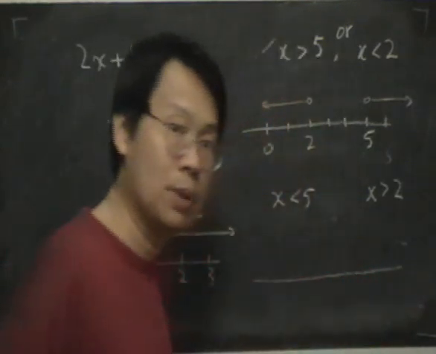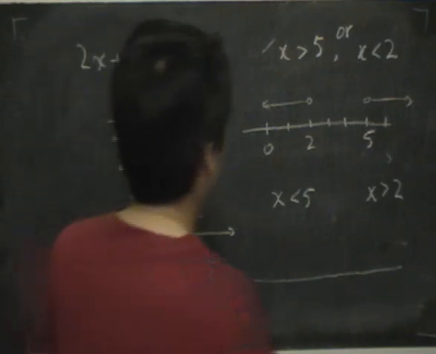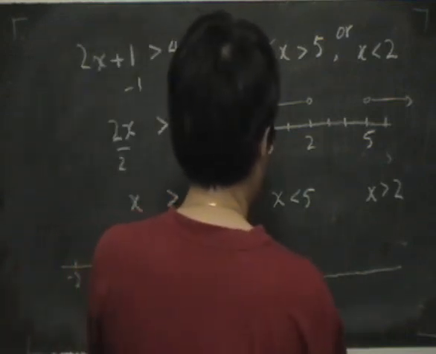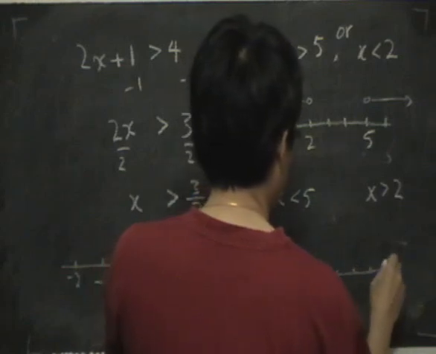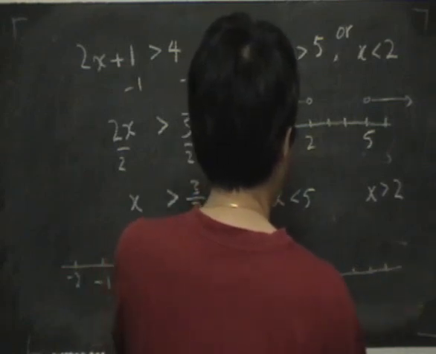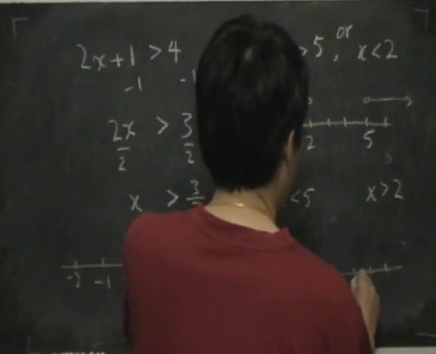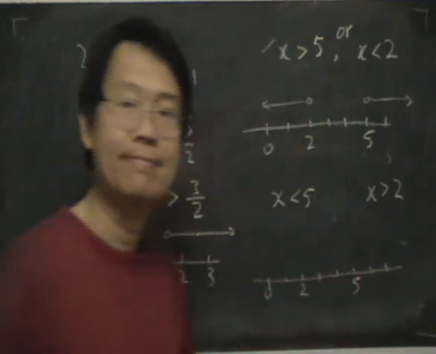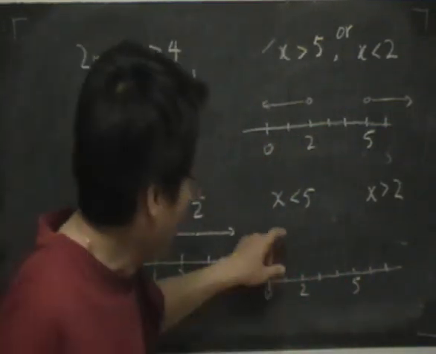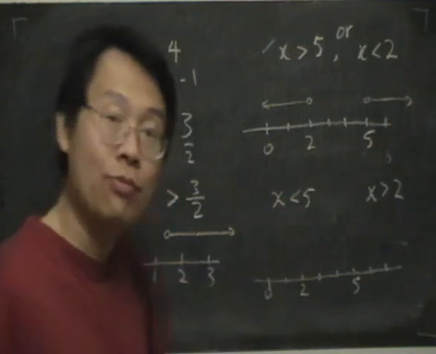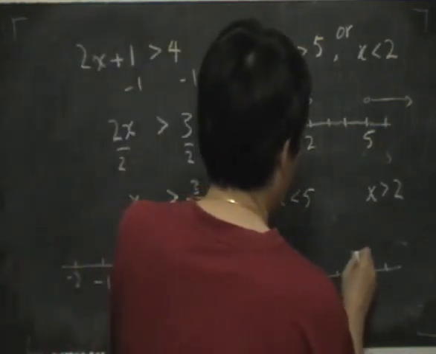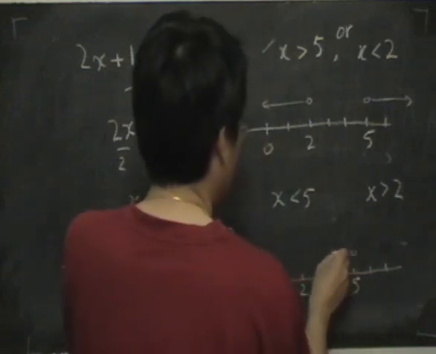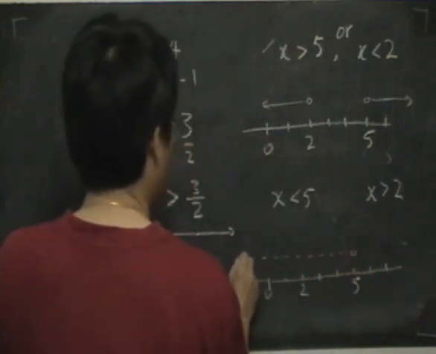Let's try that on the number line. 0, 1, 2, 3, 4, 5, 6, 7. So that's 2, that's 5. Now, x less than 5. That's 5. x less than 5 will be all the numbers to the left.